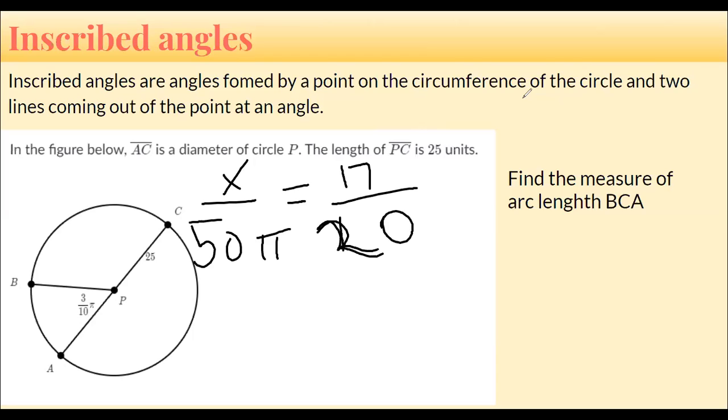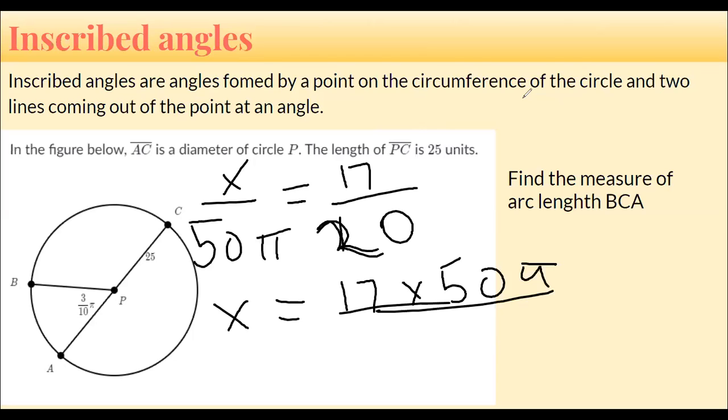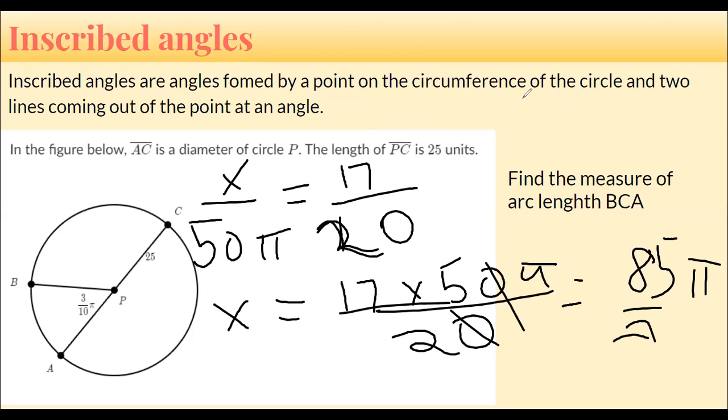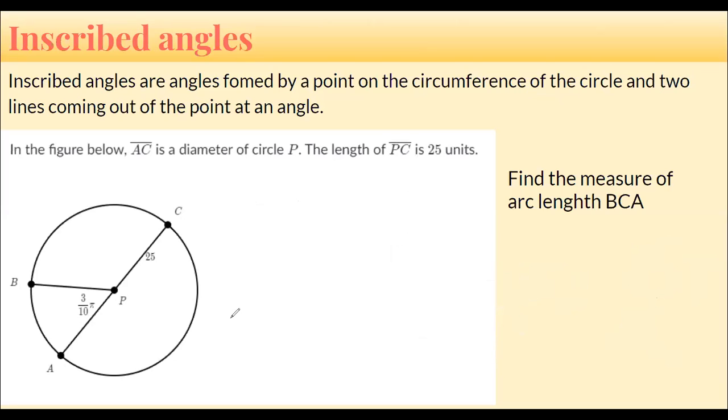Now, what we could do is essentially x is equal to 17 times 50 pi over 20. That cancels out. 17 times 5 is equal to 85. So this is equal to 85 over 2 pi. Okay? That is essentially what this problem is about.